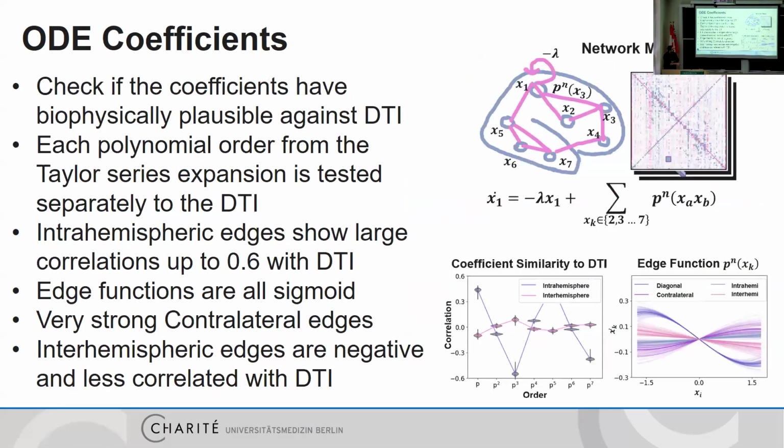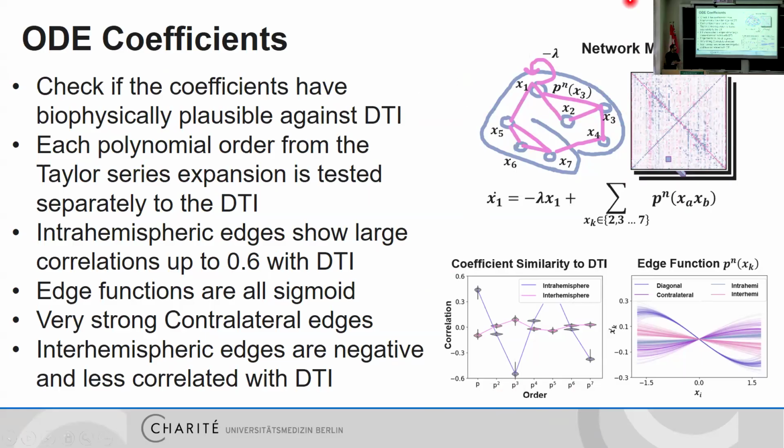When you look at the coefficients of these Taylor series polynomials, for each polynomial order, you can take the structure of it and compare it to the measured network from DTI. And we can see that for odd order coefficients, they're very highly correlated, especially for the intra-hemispheric edges, so the connections within one hemisphere.